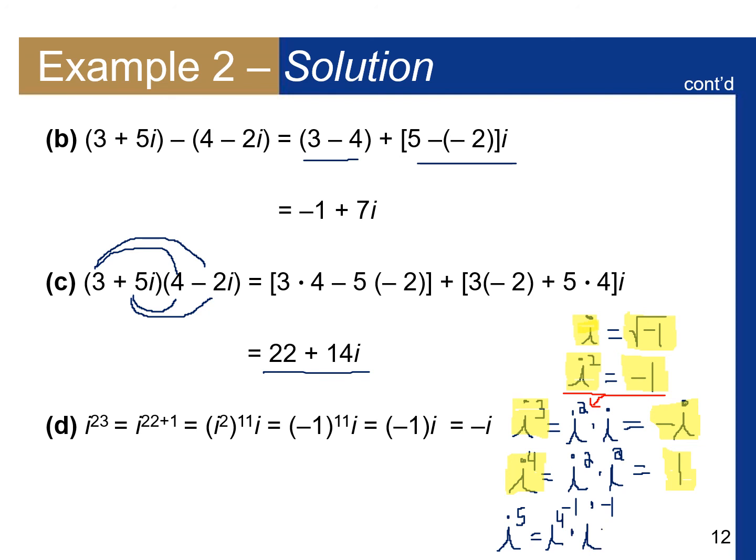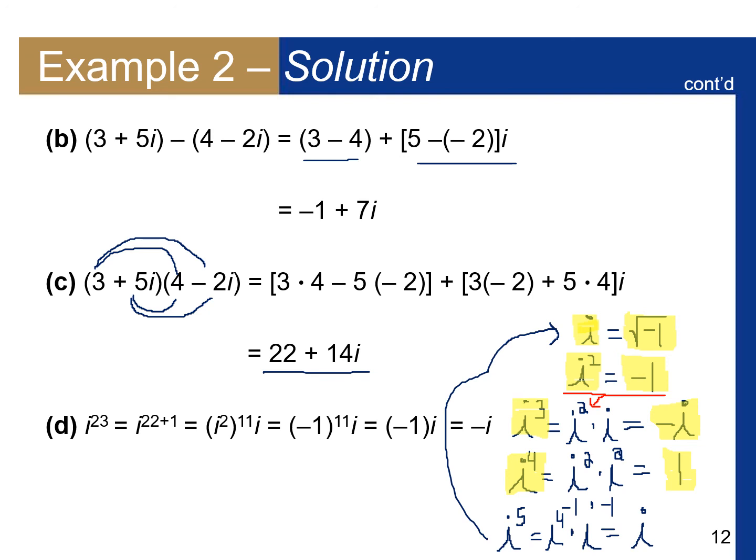Now that i to the 4th is 1, so 1 times i is simply i. And this is where we see that it will repeat the pattern here. So the next one will be i to the 6th, which is i squared. The next one is i cubed, which is i to the 7th, and etc.